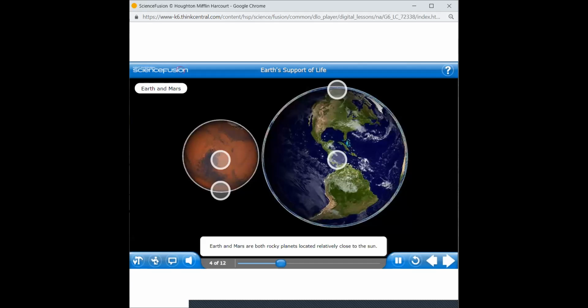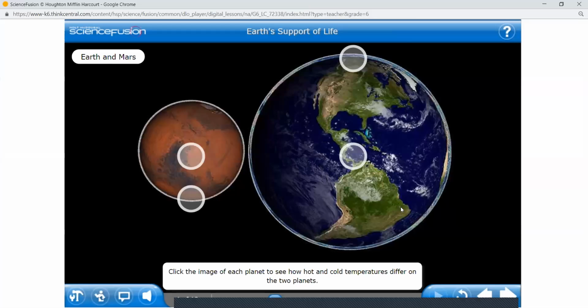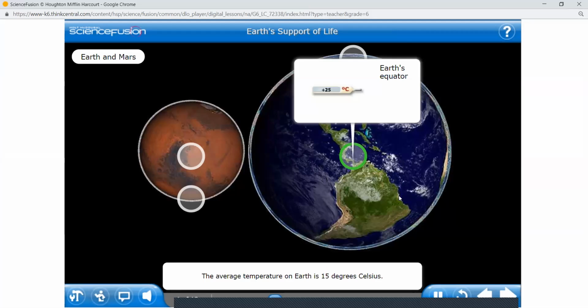Earth and Mars are both rocky planets located relatively close to the Sun. But the surface of Mars has no rainforests, animals, or plants. Click the image of each planet to see how hot and cold temperatures differ on the two planets. The average temperature on Earth is 15 degrees Celsius.